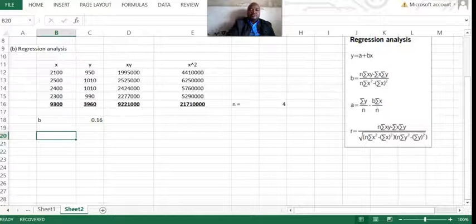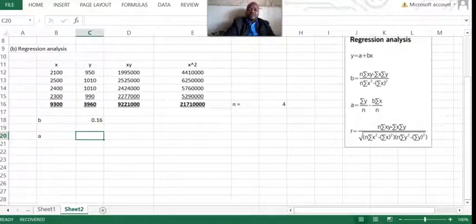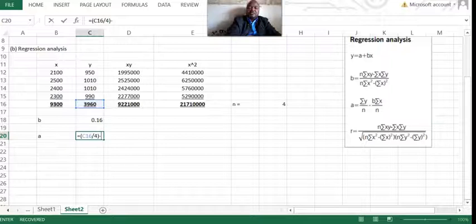We then have to determine the value for a. From the formula we have equal sign, open bracket, summation of y over 4, minus b. This is our b.